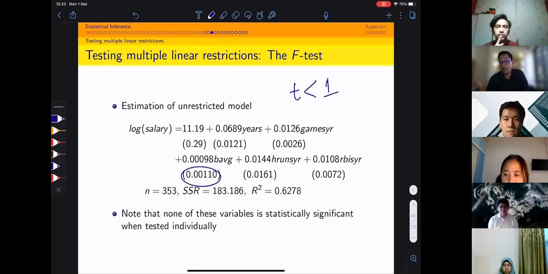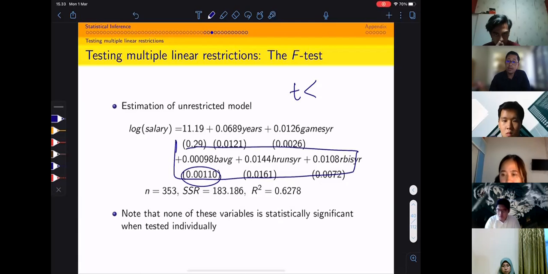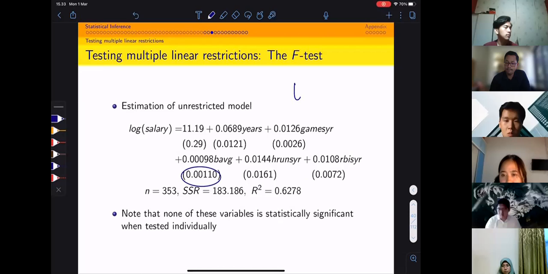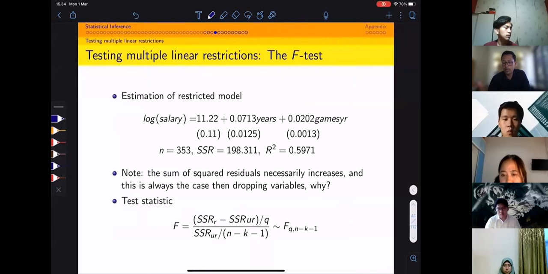So that's what we're after. Individually probably not significant, however, taken together, the three variables could be a statistically significant determinant of salary. That's what we're going to discuss.